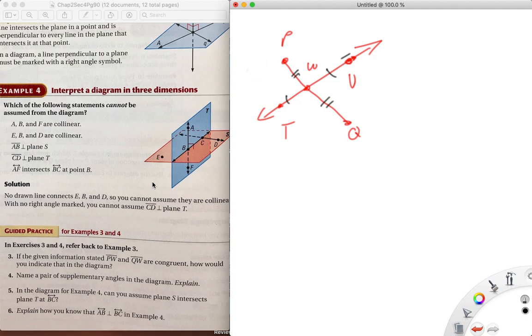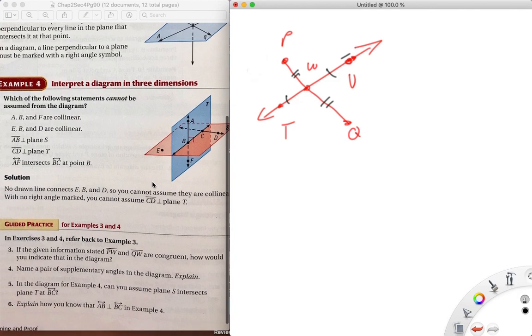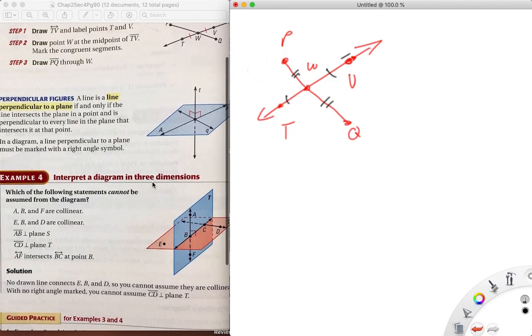In a diagram, assume plane S intersects plane T at line BC. Can you assume that? That's example 4.